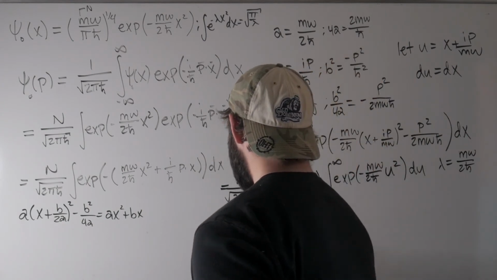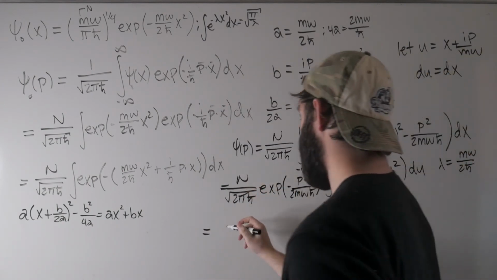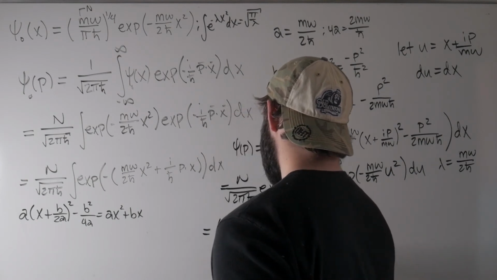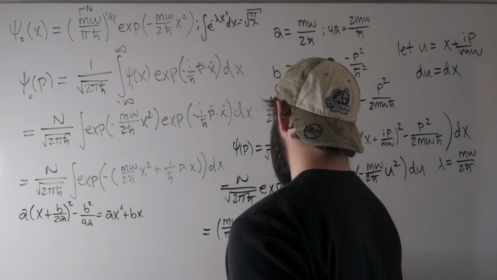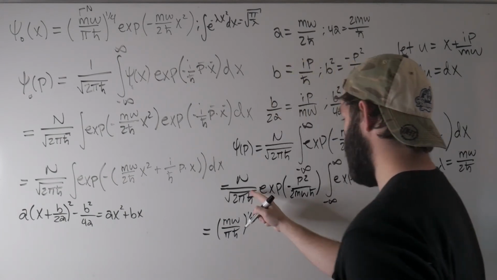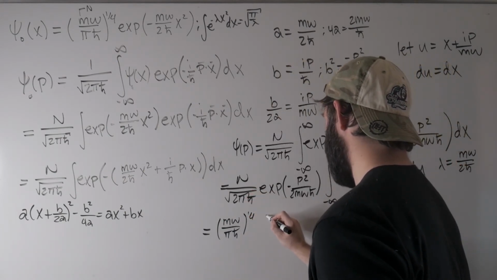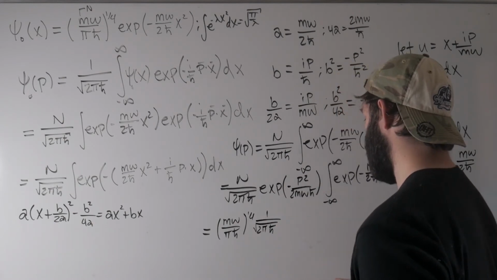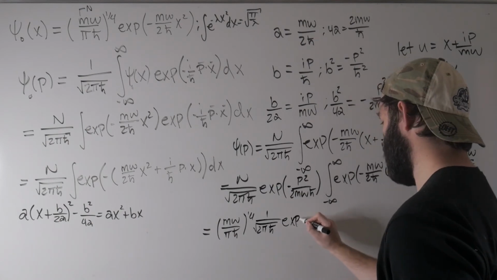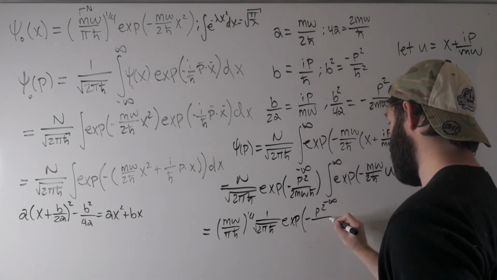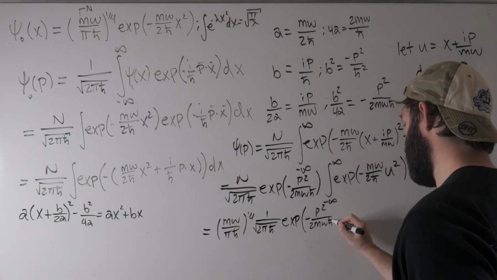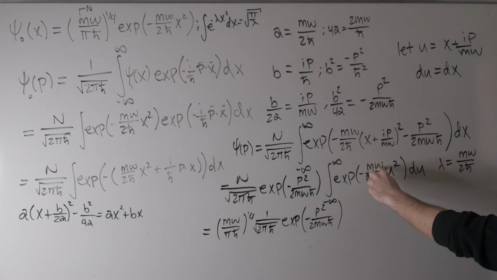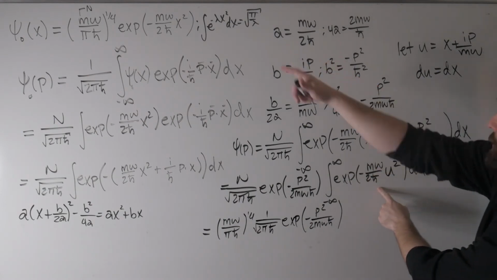And I'm going to substitute back in our n now. So we have m omega over pi h bar to the 1/4. We have the 1 over root 2 pi h bar. We have this exponential. And then we have this integral where lambda is m omega over 2h bar, and we can use the Gaussian integral now.